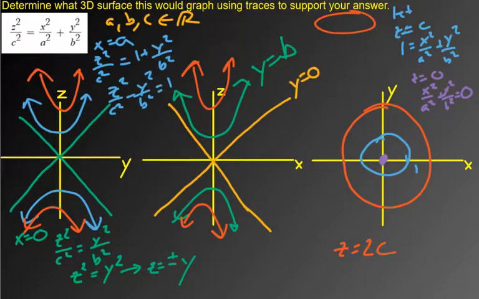This thing is a cone. And that's a pretty bad cone right there. So you would get this sort of cone structure, and it has these asymptotes almost that come from the y equals 0 or x equals 0 traces. But when you look at it top down, you see that circle structure. So this is actually a circular cone.